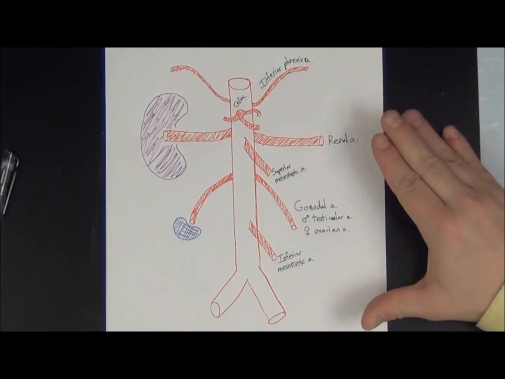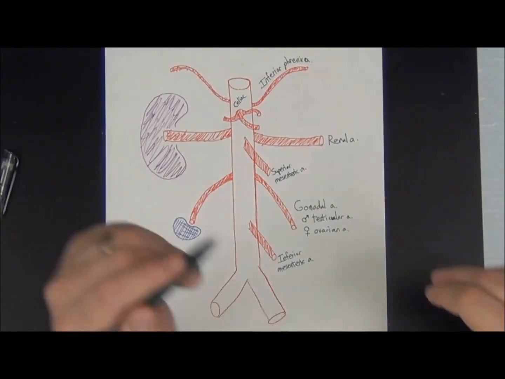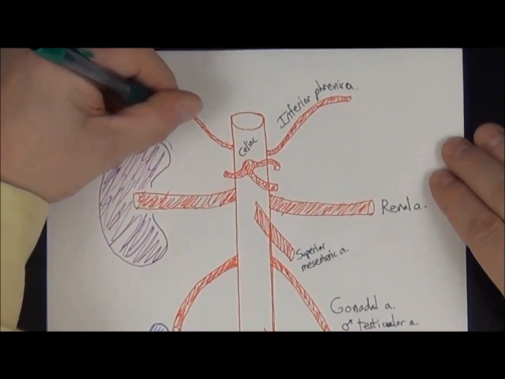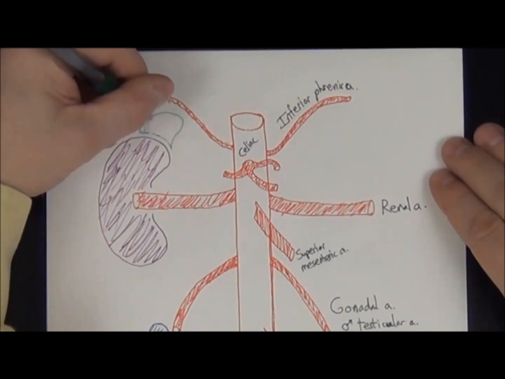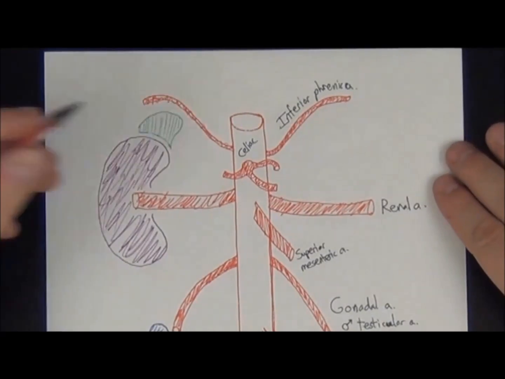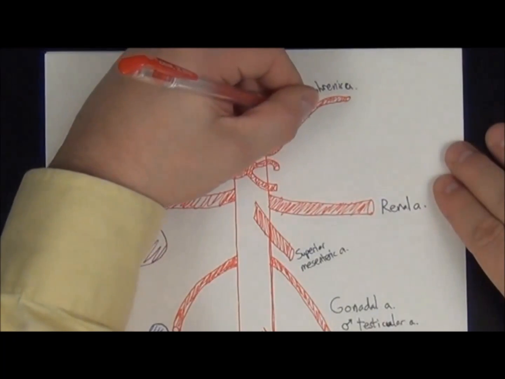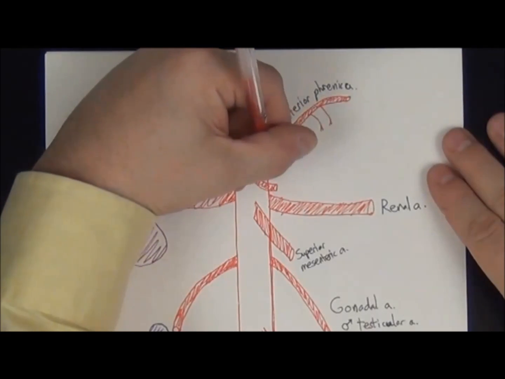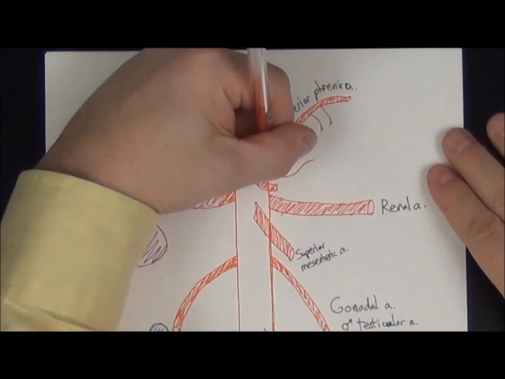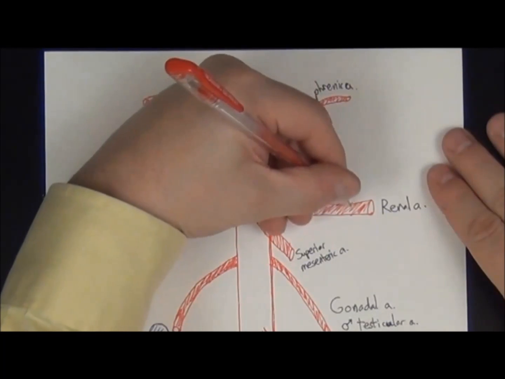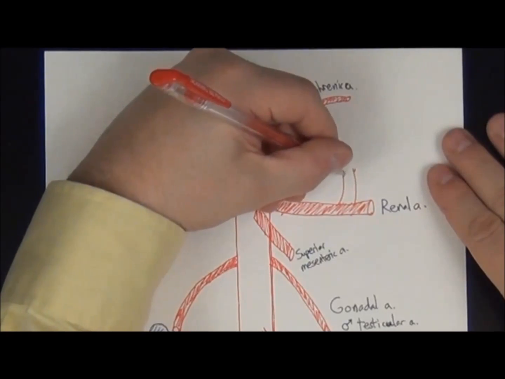All right, one other organ that we want to throw in here as well is the adrenal or suprarenal gland, which is hanging out here on top of the kidneys on its superior pole. And it's a little bit interesting in its blood supply because it gets blood from the inferior phrenic artery. It gets blood directly from the aorta, and it gets blood from the renal artery.